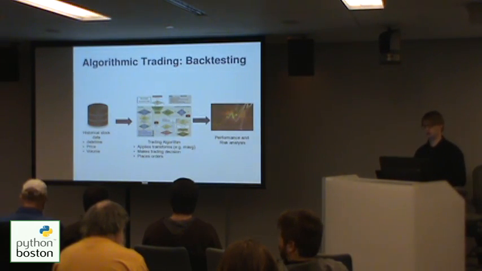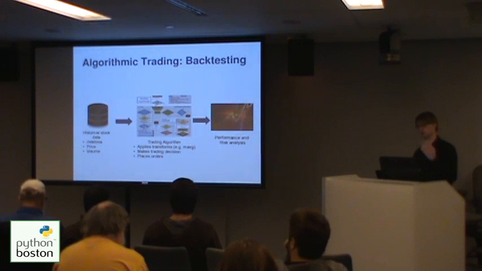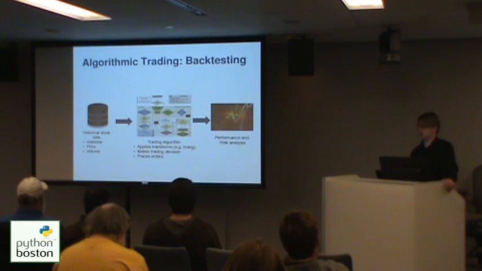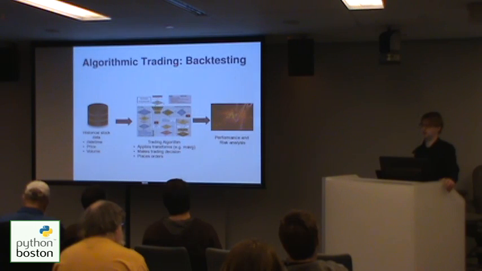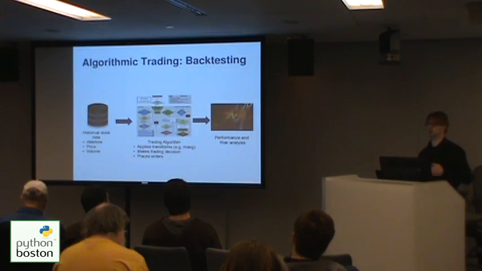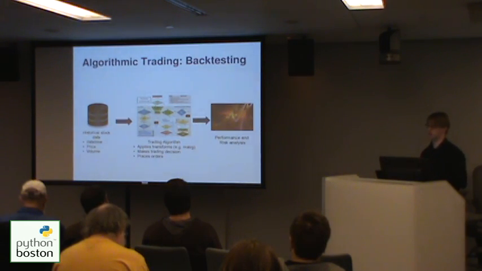And then you stream those historical results through your trading algorithm, which is whatever you came up with, from very simple to very complex, and that often applies some transformations such as the moving average, and then based on that and the price information makes a trading decision and places an order. Then the backtesting engine essentially takes that order, sees if it can get executed, and updates your portfolio and tells you basically how well the state is.